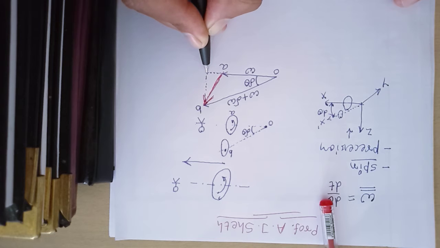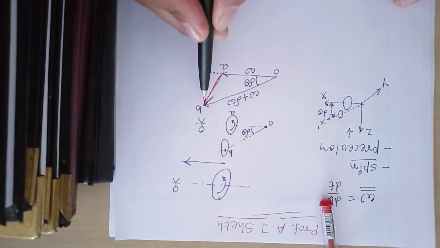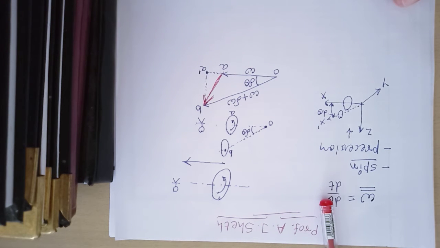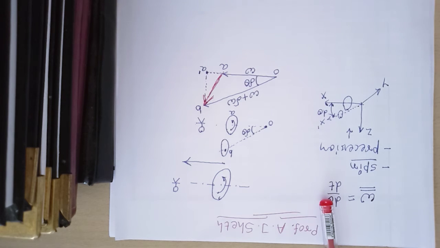First is A to A dash, and the second one is A dash to B. Okay, so let us find out the magnitude of angular acceleration that is represented by vector AB.